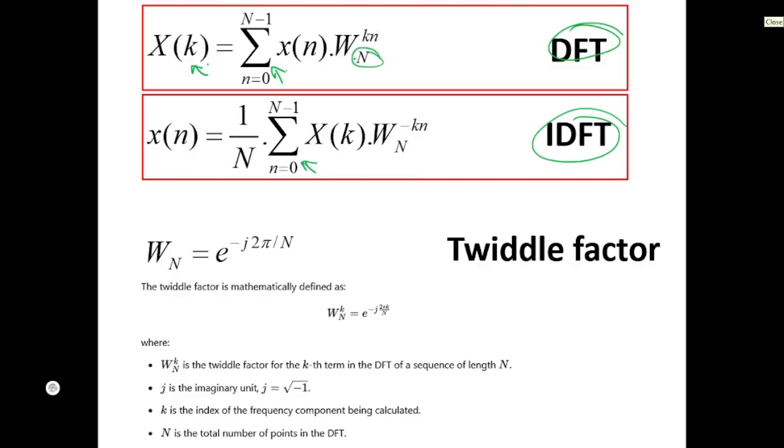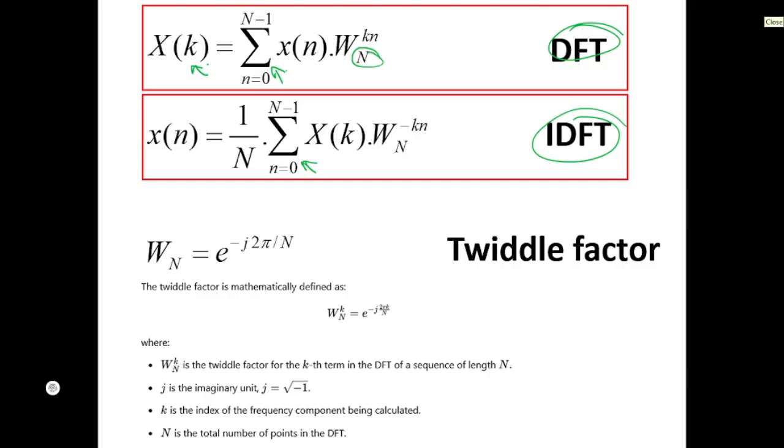When we say that we are time limiting the signal, that means the number of signal components will be finite. Okay, so we will have signal components from say 0 to N minus 1. So the length would be capital N.